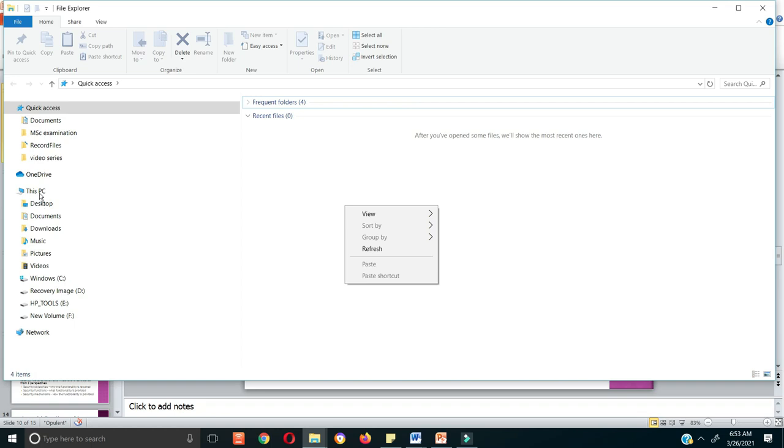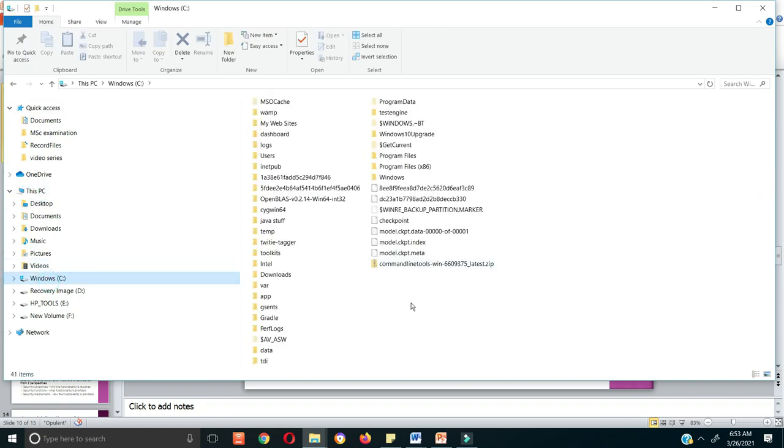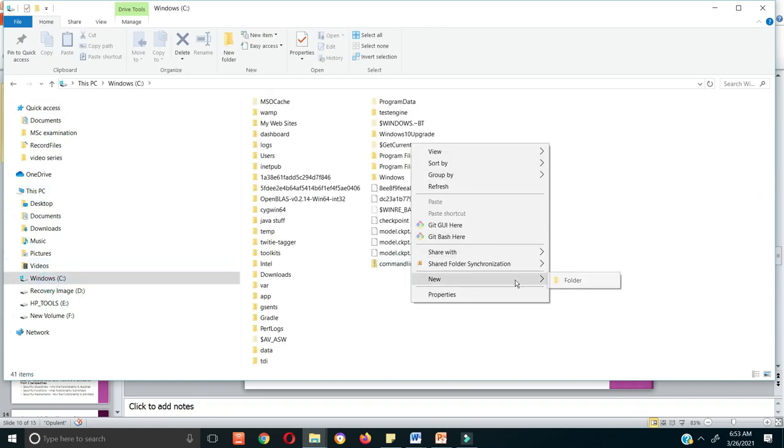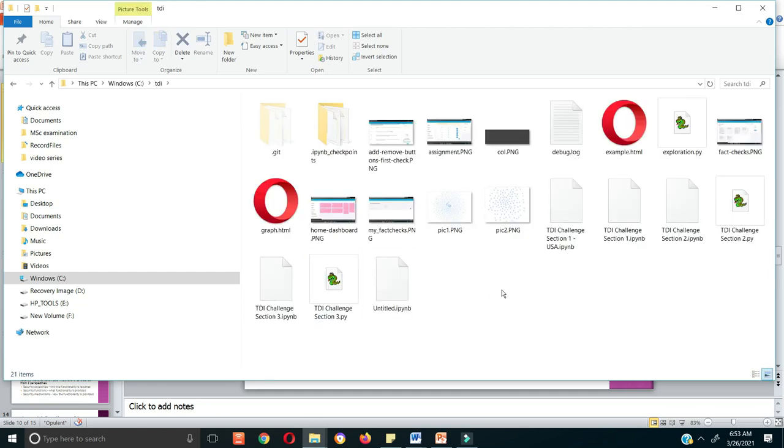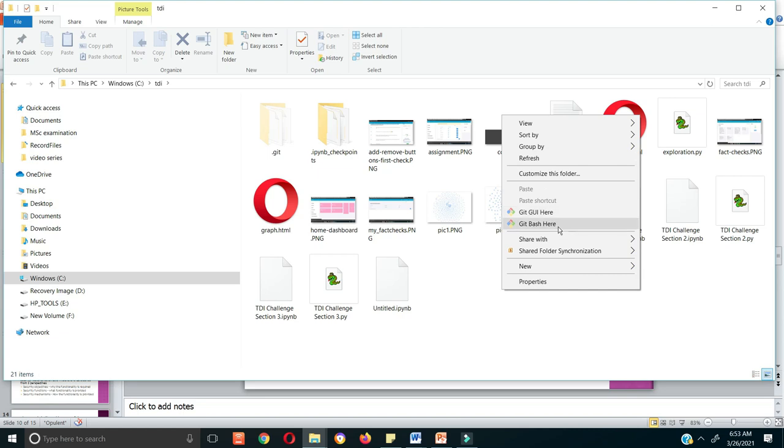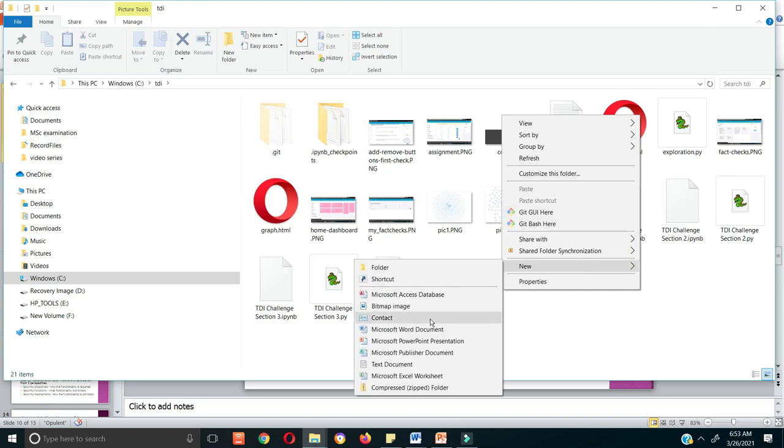If I go over here, to C, and create a file, I want to create new, so it doesn't seem to allow me to create it in the default. Let me create a new text document.